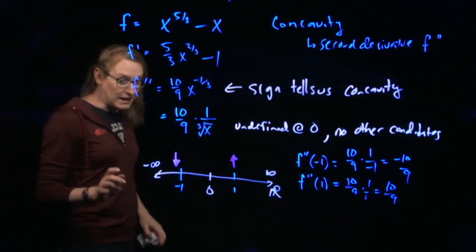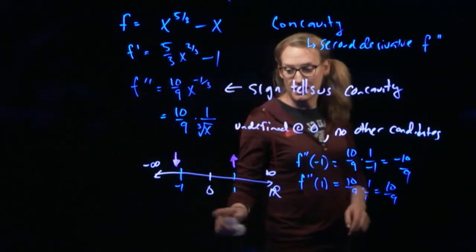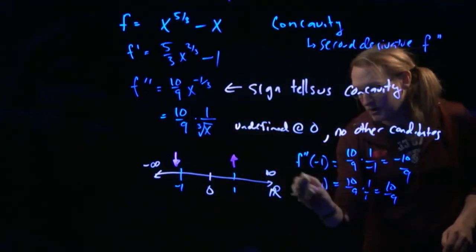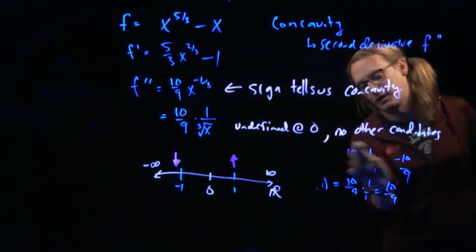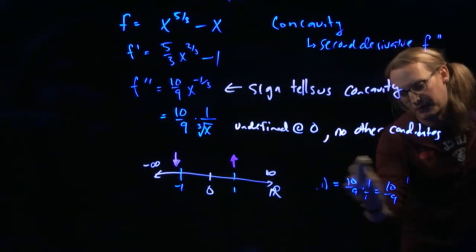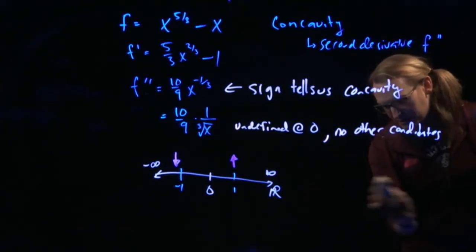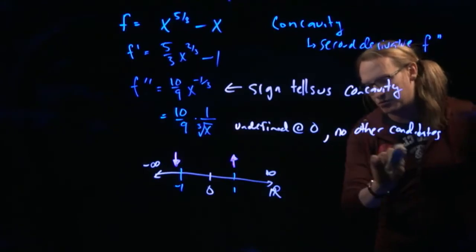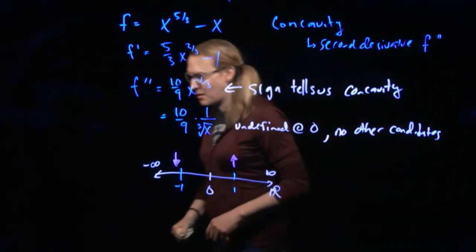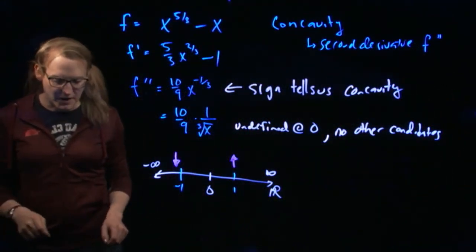So note that even though f double prime isn't defined at 0, it's still an inflection point. So inflection points are not just those places where the second derivative is 0, they can occur where it is undefined also.